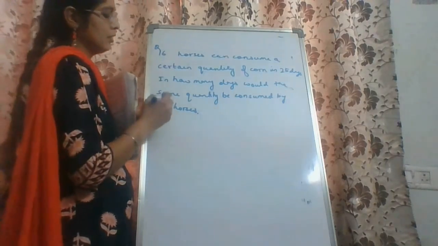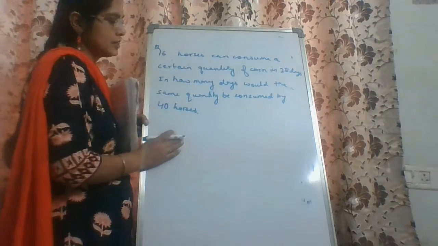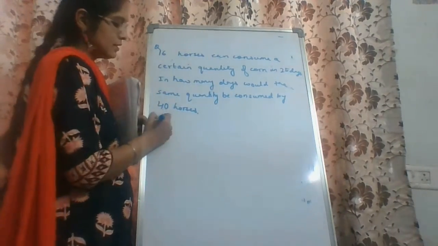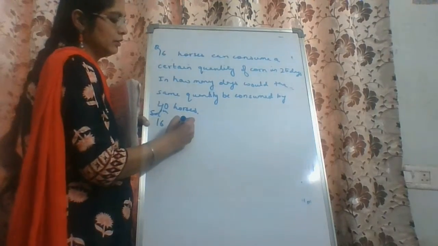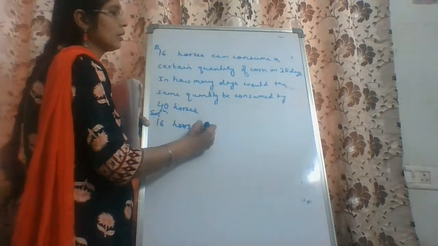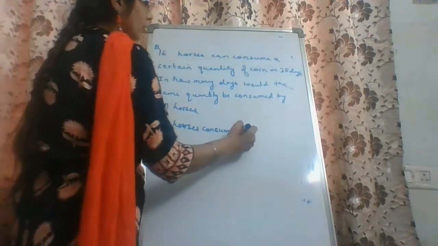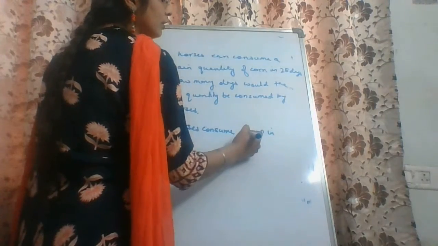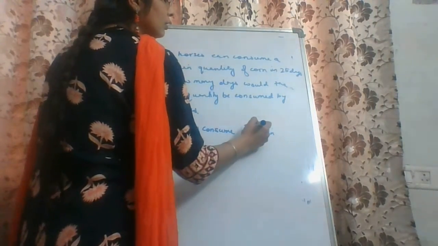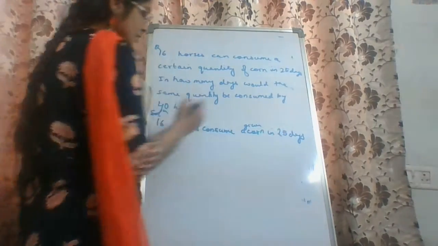See, the number of horses is given, the number of days has to be found. 16 horses consume a given corn in 25 days.